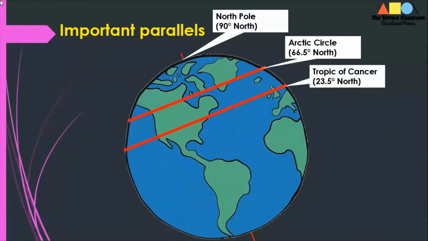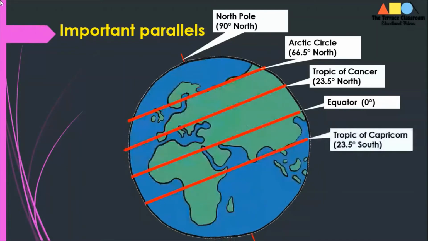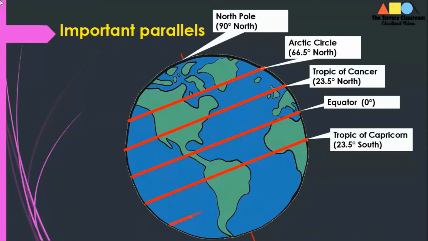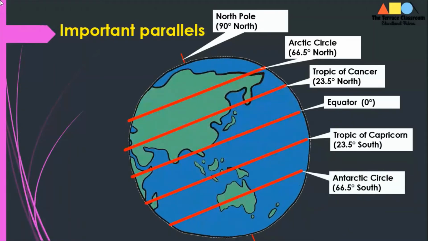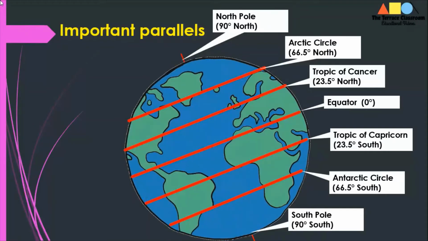Below the Tropic of Cancer is the equator at 0° latitude. Below the equator comes the Tropic of Capricorn at 23.5° south. And then comes the Antarctic Circle at 66.5° south. The South Pole is marked as 90° south. It is also a point.